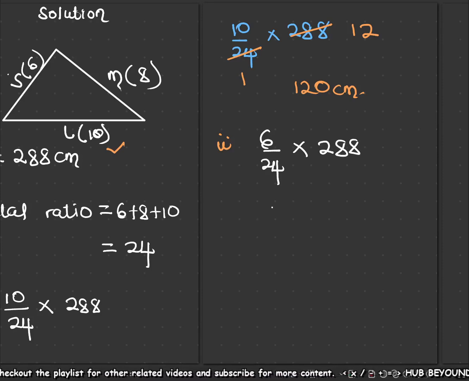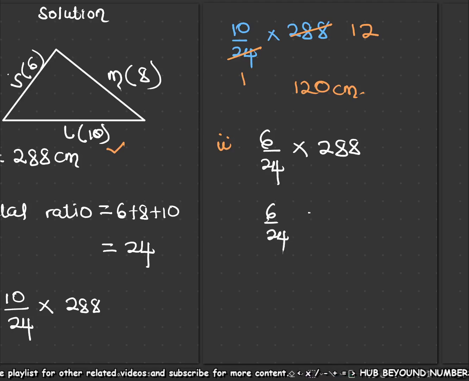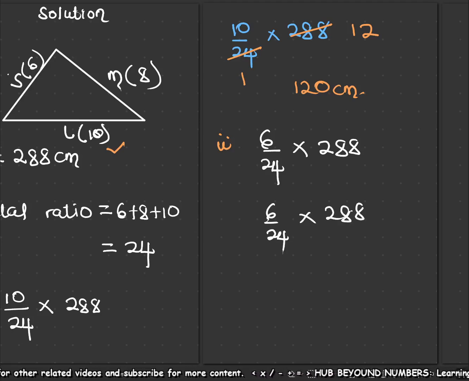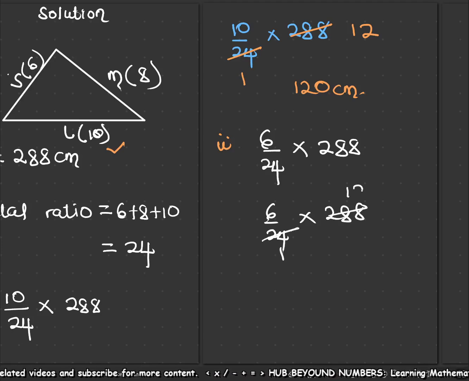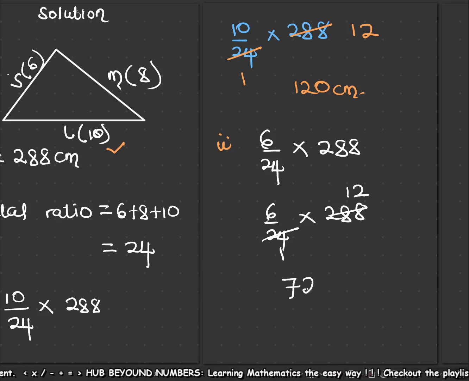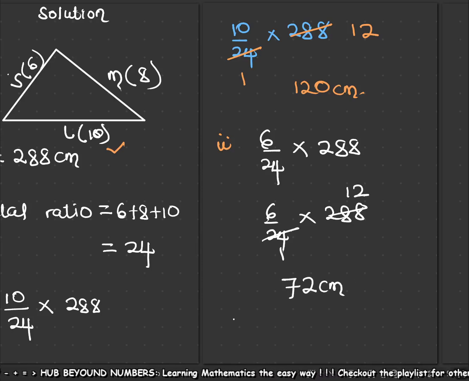As we have done in our previous one, 24 divides 288 12 times. So we are now left with 12 times 6, and 12 times 6 gives us 72. So you end by saying, therefore, the length of the shortest side is 72 centimeters.